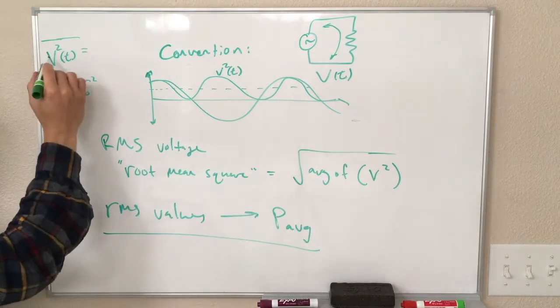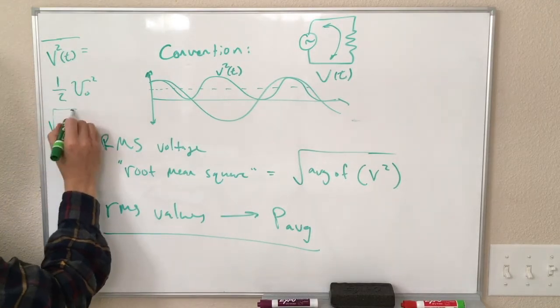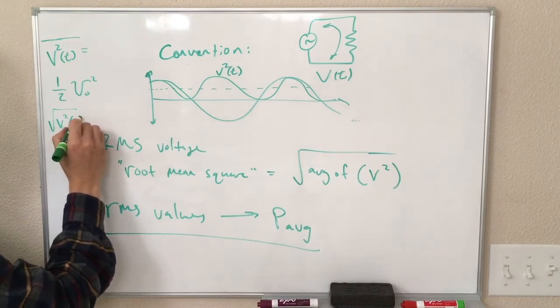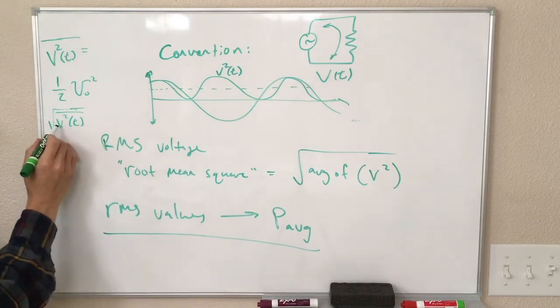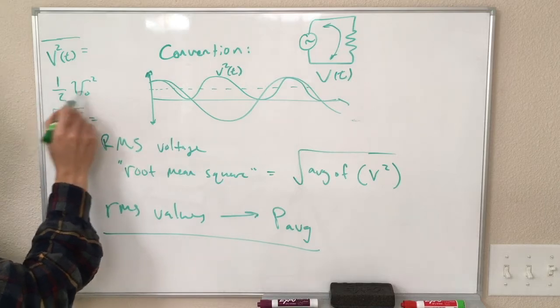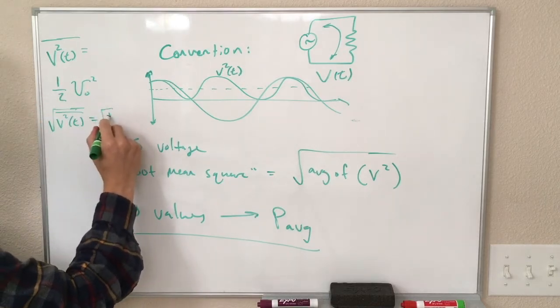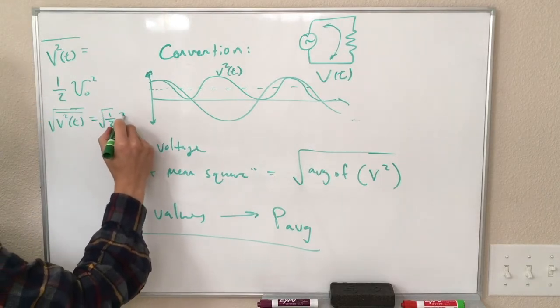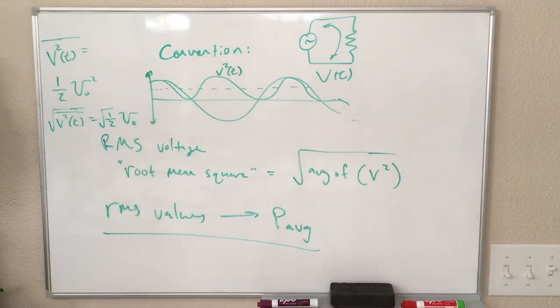So the square root of the average of this squared thing, the square root of the average of V squared, is going to be equal to the square root of this thing on the right, which is the square root of 1/2 times the square root of V naught squared, which is V naught.